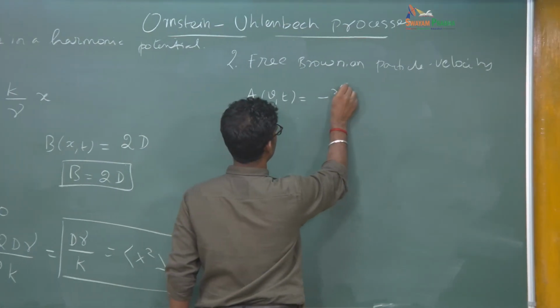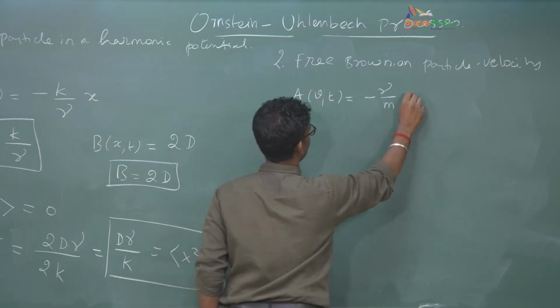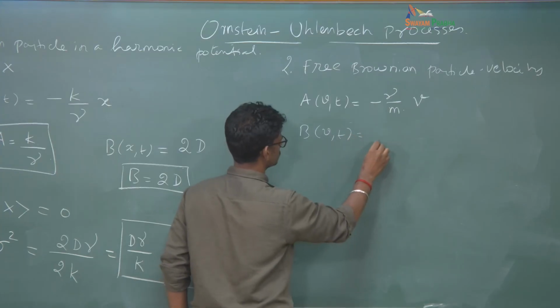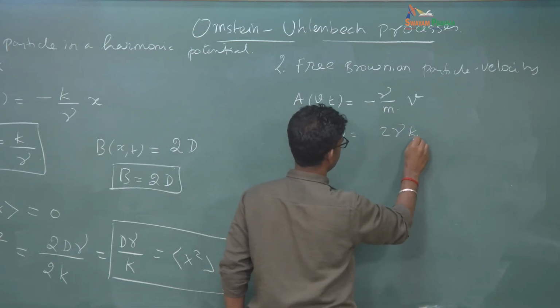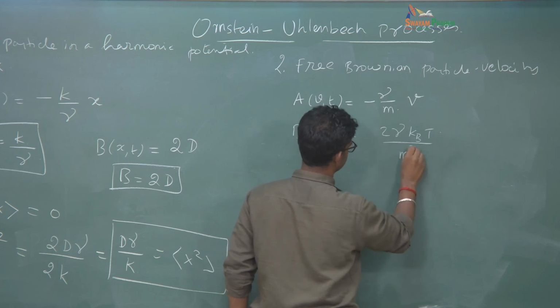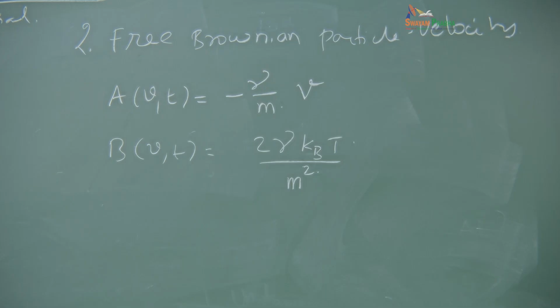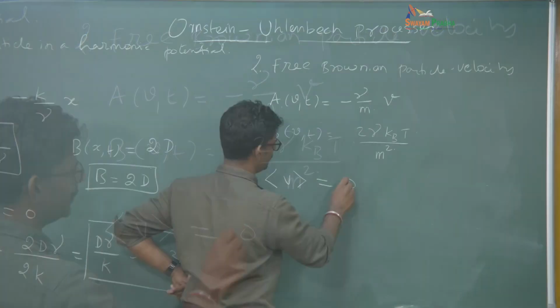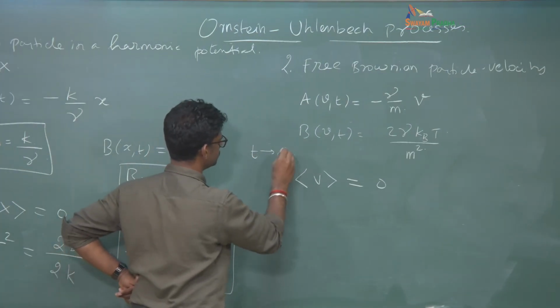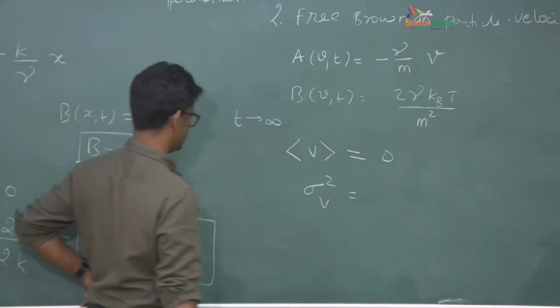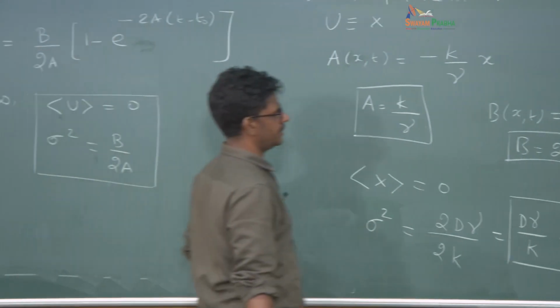This was minus gamma by m v, and B was 2 gamma kBT over m square. This was B. So in this case, we see that the average velocity will go to 0 as t goes to infinity, and then the variance of velocity v becomes B by 2A.